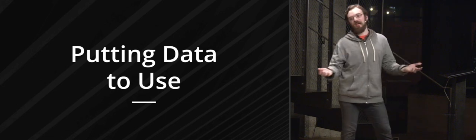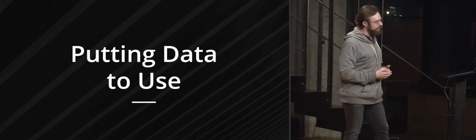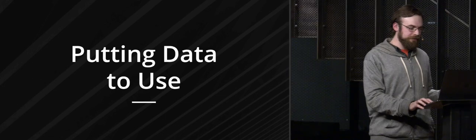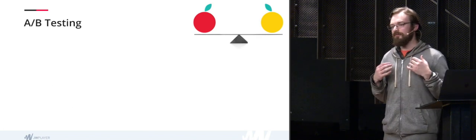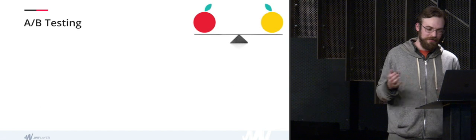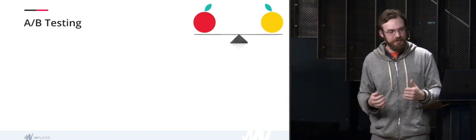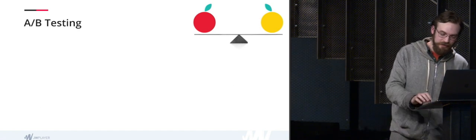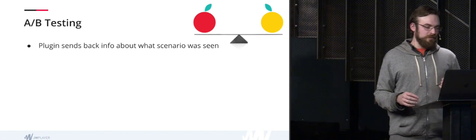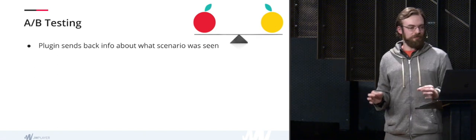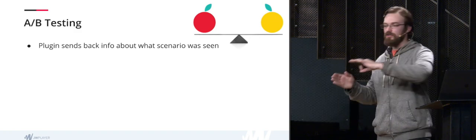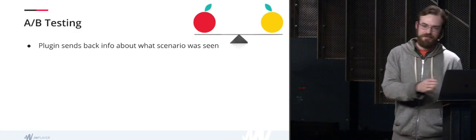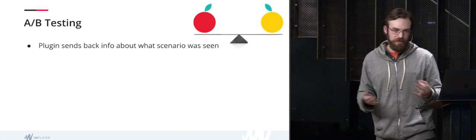And so now that we've got these play sessions, how do we actually use them? What do we use them for? One of the things we're really excited about and continuing to evolve as we go forward is A/B testing. And just to give a quick summary in case people aren't familiar, A/B testing essentially means that we're showing some viewers one variant and some viewers another variant of something in the player.